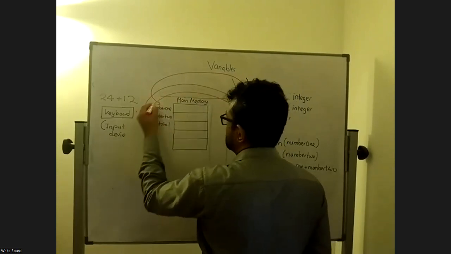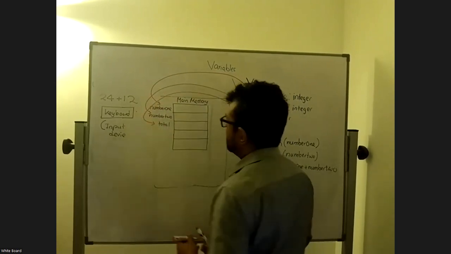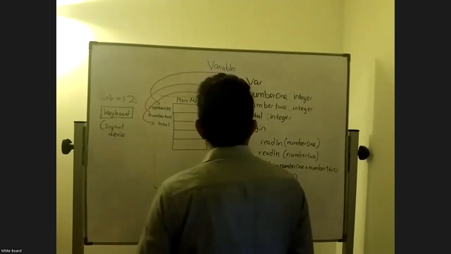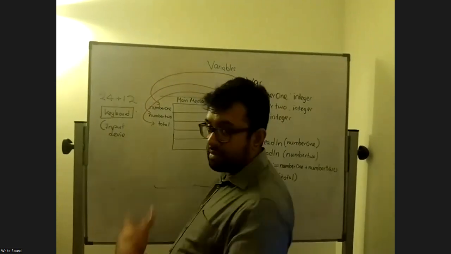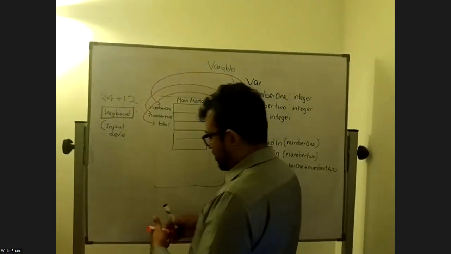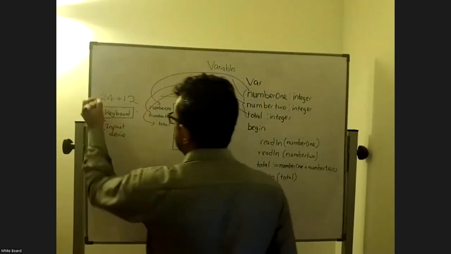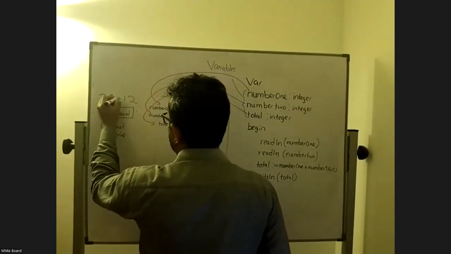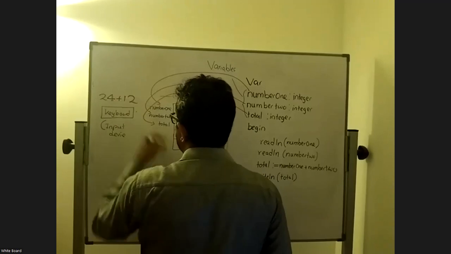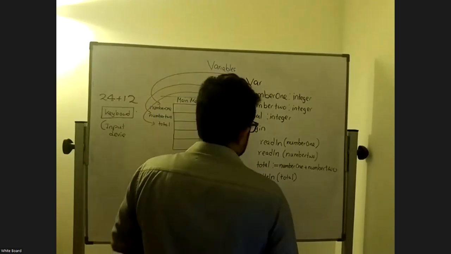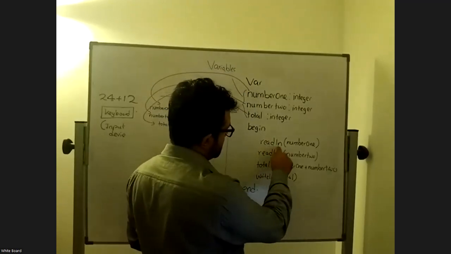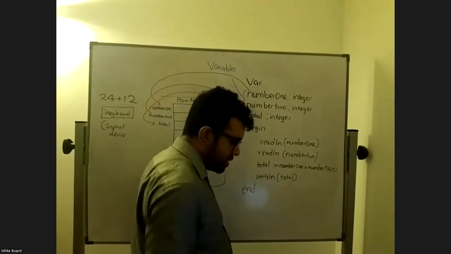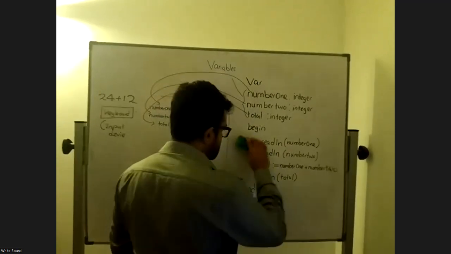For this is allocated. Now, next thing is we are going to put some numbers from the keyboard. We will be putting number 12 and the 24 and 12. So this statement, read line. I will not do this. I will change this a bit.